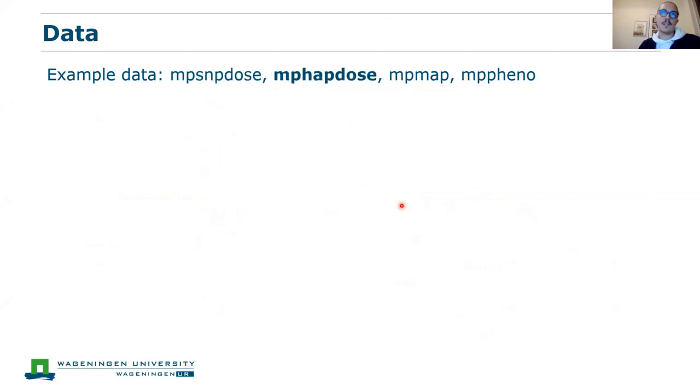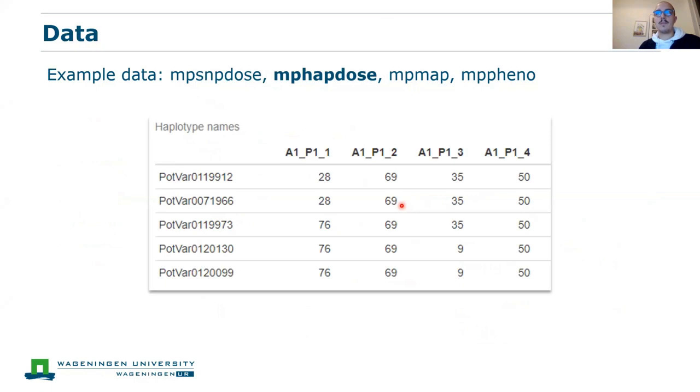You can also use, and that's the interesting part, haplotype data. The way that you code haplotype data in this software is basically also a table, but then we have a column for each of the parent chromosomes. For example, in this case, it's the individual called A1P1, and the first chromosome of this individual, second, third, and fourth.